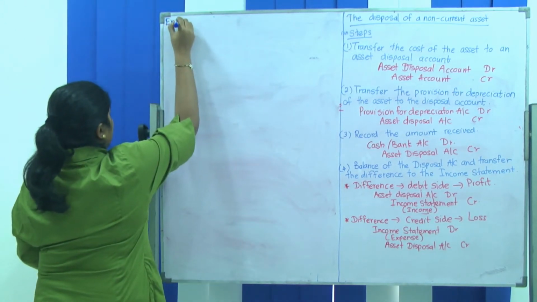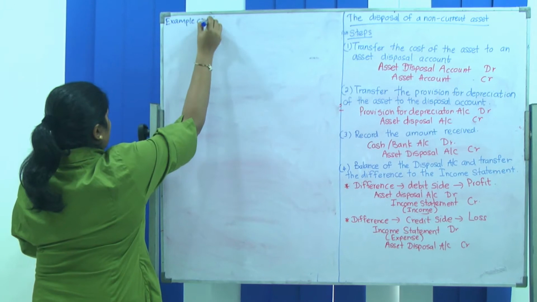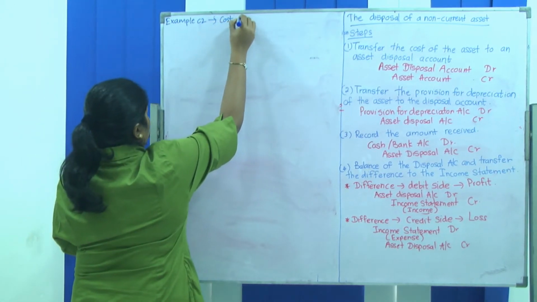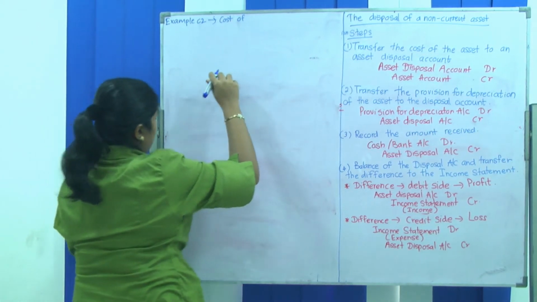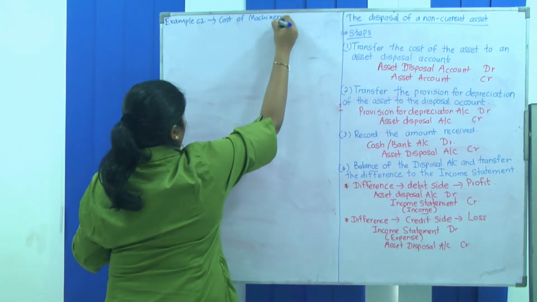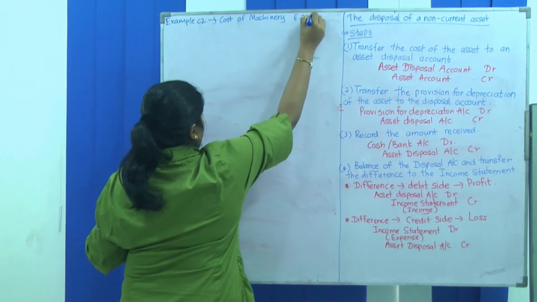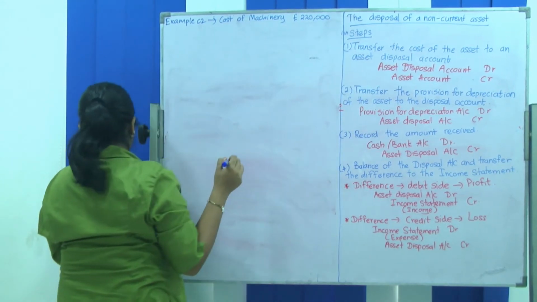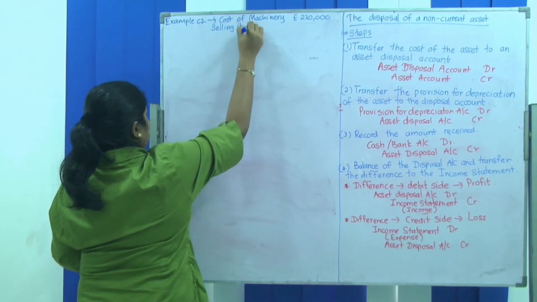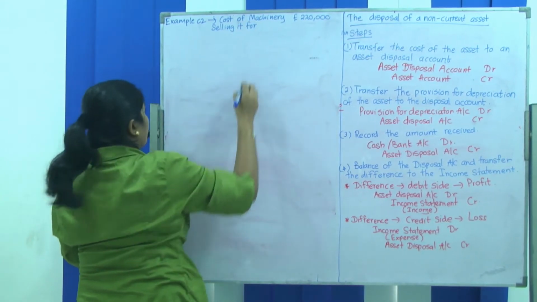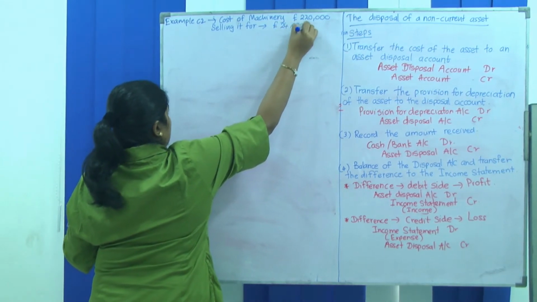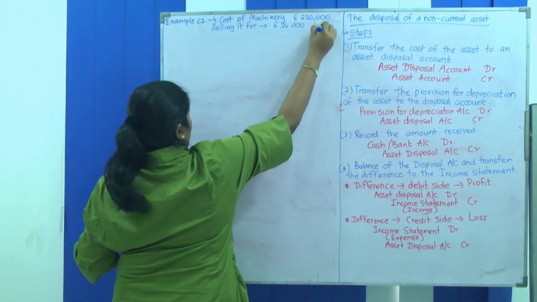Example number 2. The cost of the machinery, I'll give you a summarized version. The cost of the machinery you're selling is 220,000 and you're selling it for 24,000, after using it for 4 years.